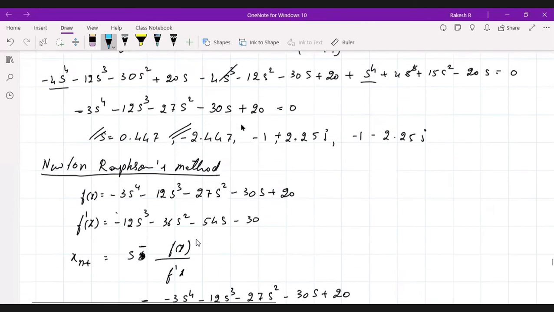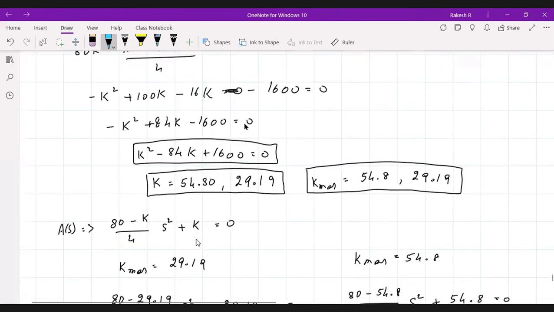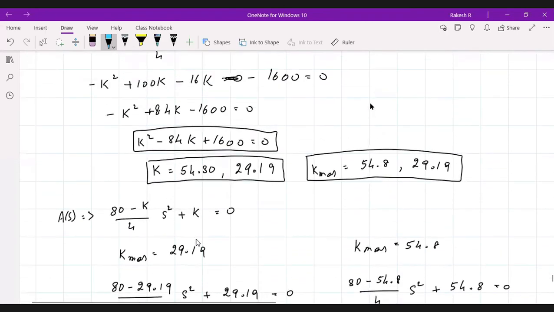How much we got? 29, yeah, these two, right? For a stable system, the value of k should be in between 29.19 and 54.8, right? For this, the system is stable here, right?